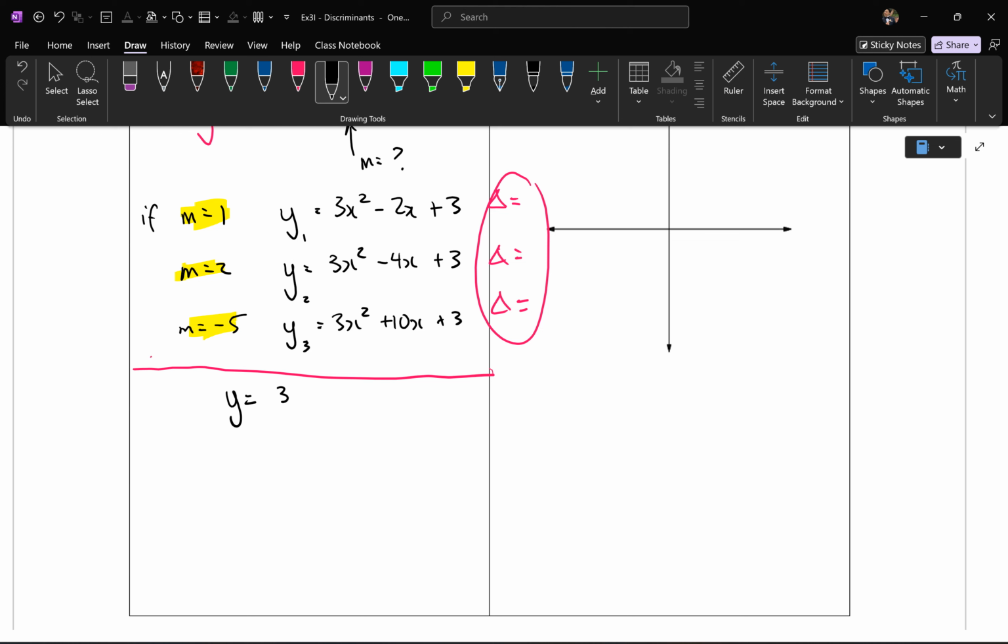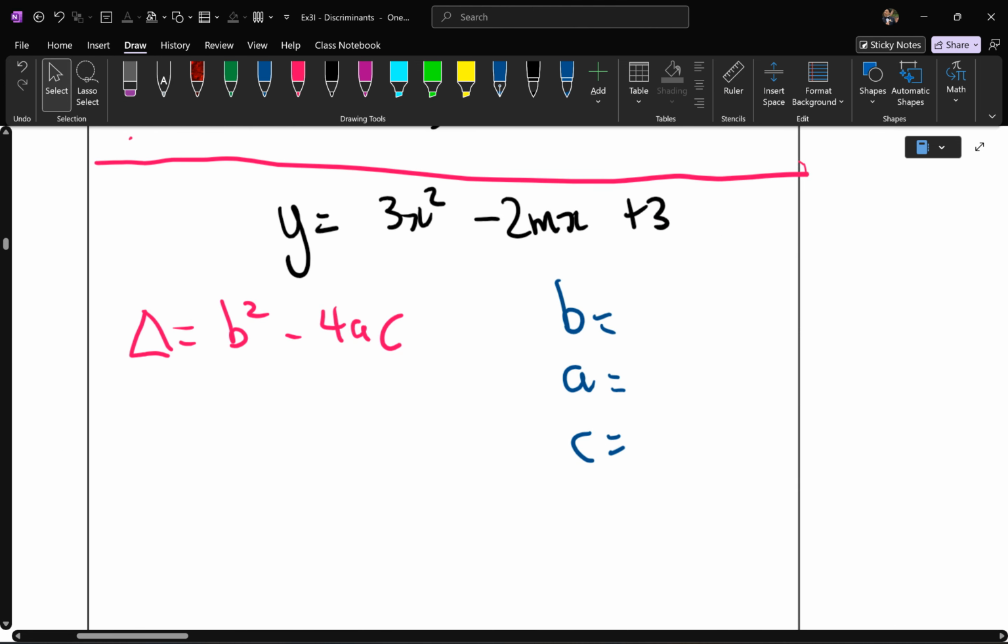y equals 3x squared minus 2mx plus 3. If I were to use the discriminant, I need to know A, B and C. What is my B? What is my A? And what is my C? Let's go with Sean. What's my B?